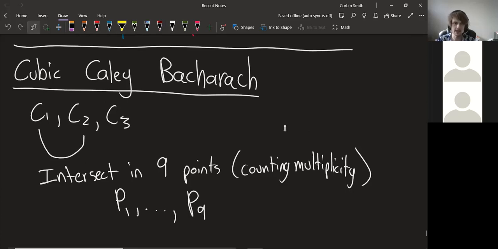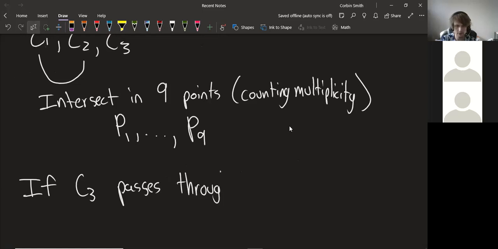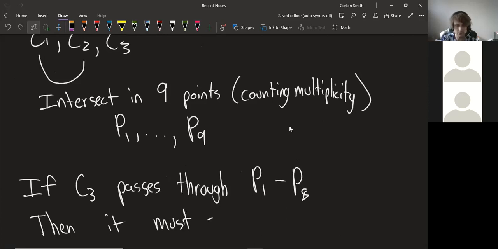What this theorem says is that if our third cubic curve passes through P1 through P8, then it must go through P9.